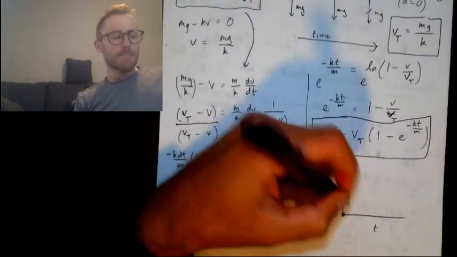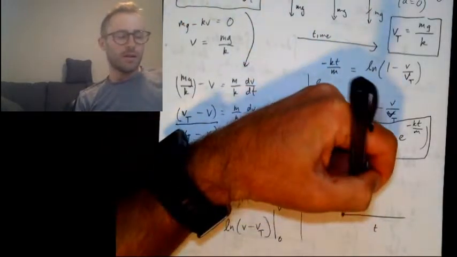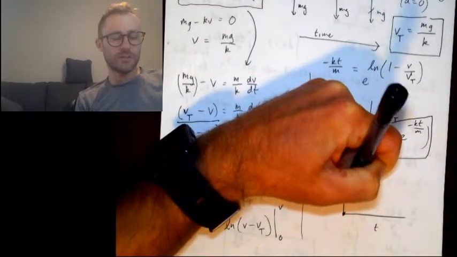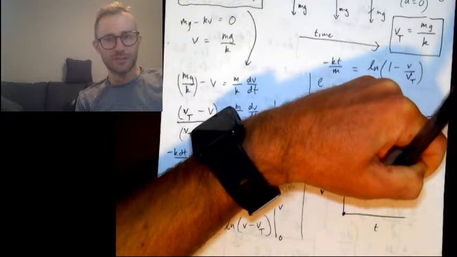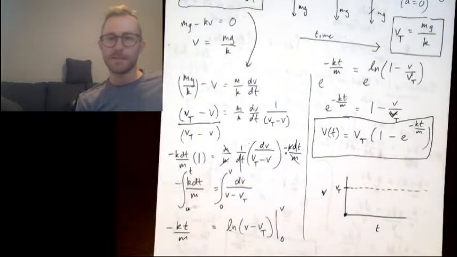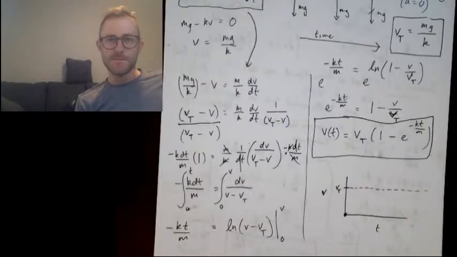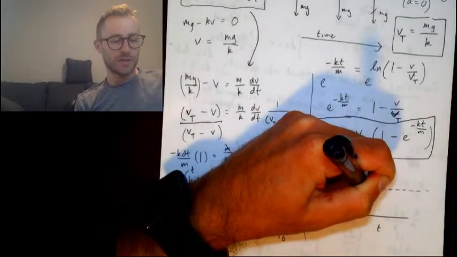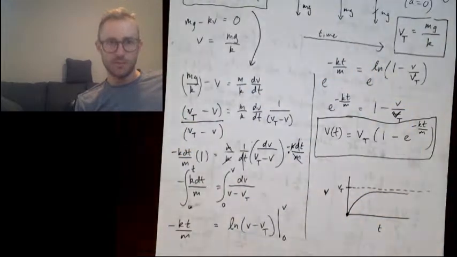And then it's going to approach the terminal velocity. So that's going to be a horizontal asymptote for this problem. And it's going to exponentially approach that. So it's going to asymptotically approach the terminal velocity.